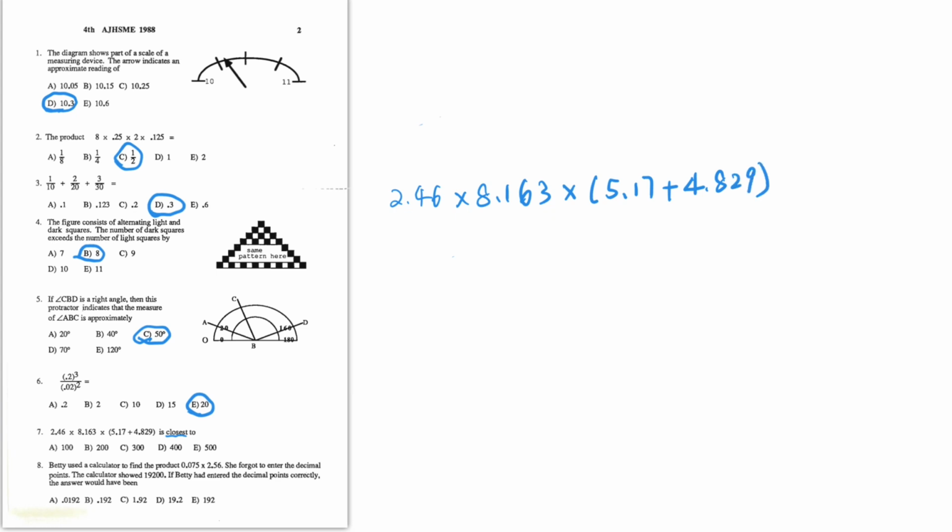Look at the answers. They are rounded to the hundreds digit, so we use an estimate. 2.46 is rounded to 2.5, times 8.163 rounded to 8. 5.17 is rounded to 5, 4.8 is rounded to 5.